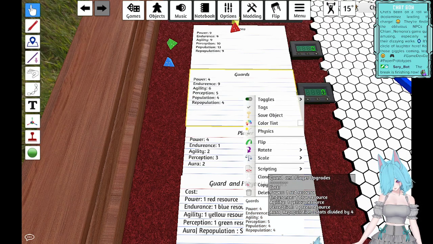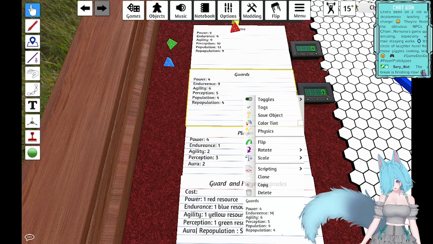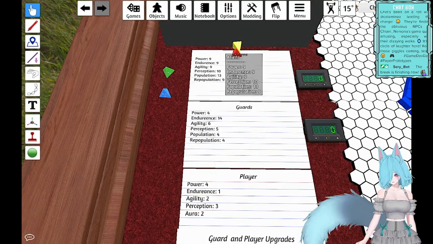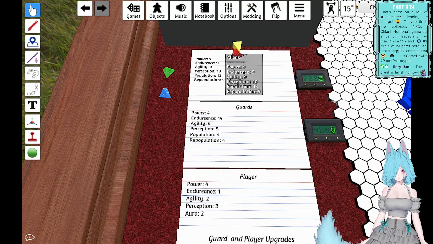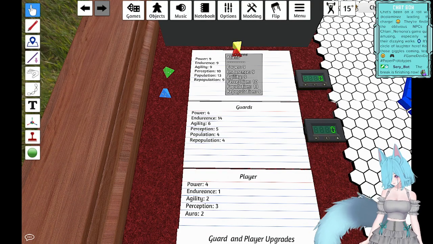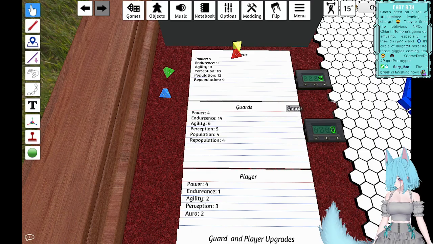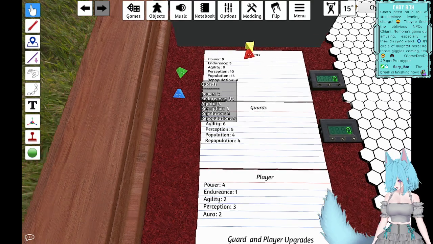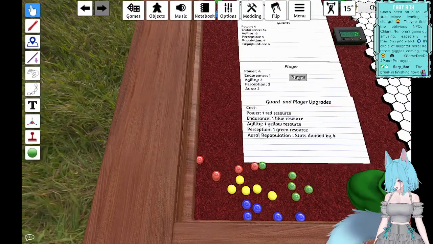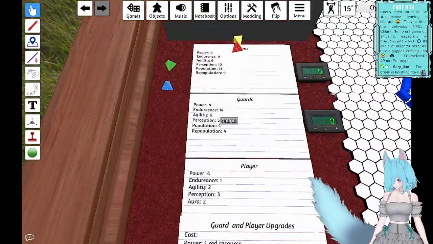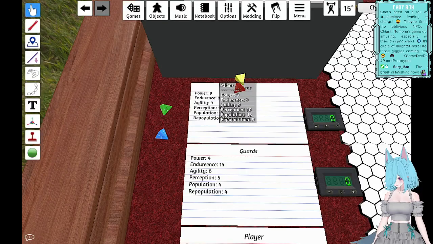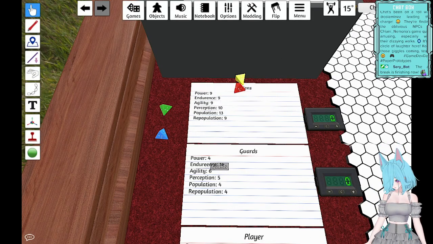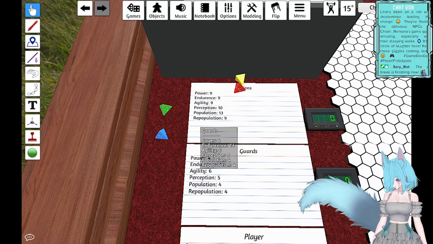Which means 14 endurance. That's gonna give us 5 kills. Then, what is the other strong suit? Agility. While I would love to have more agility, we need to get every strength that we can get. So, 5 agility, that's an 11.